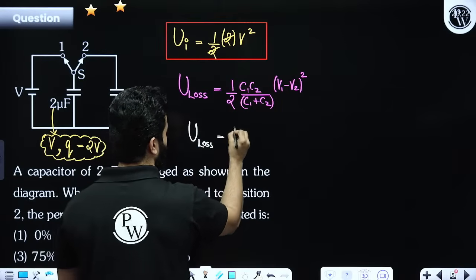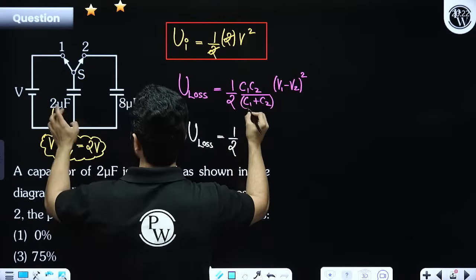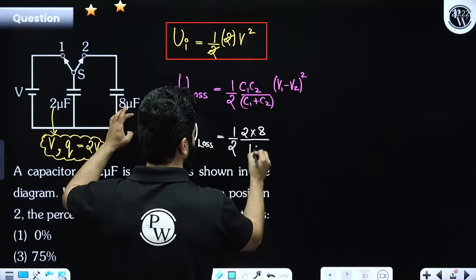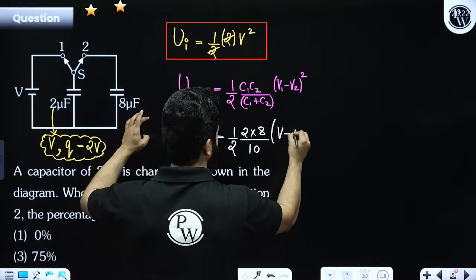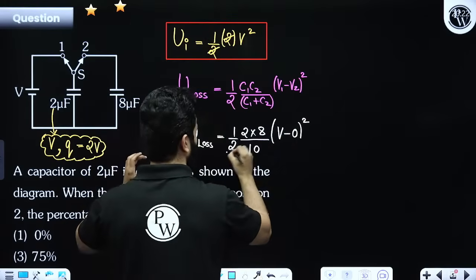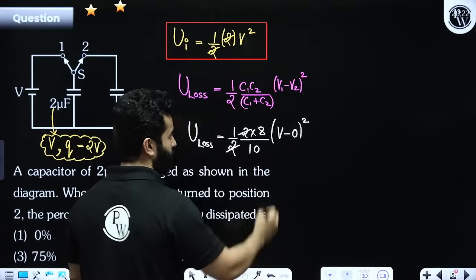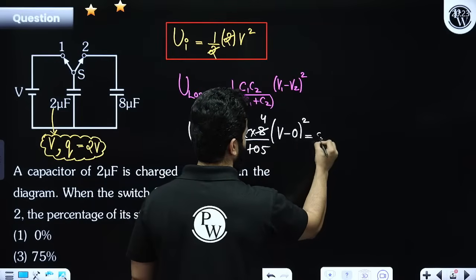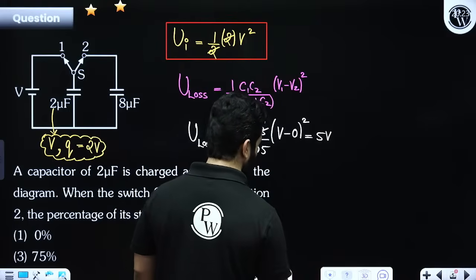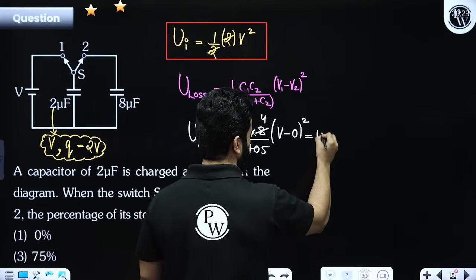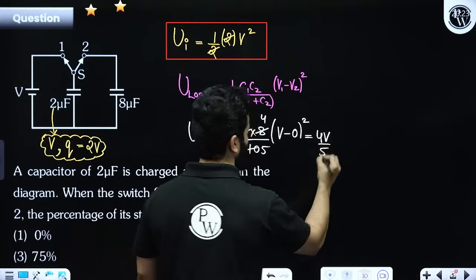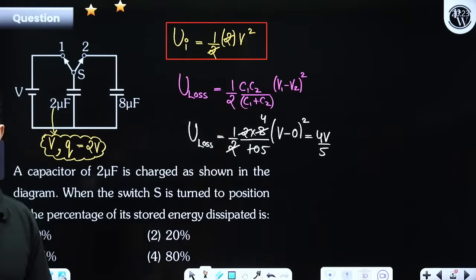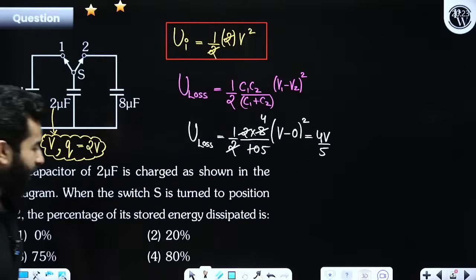So it's going to be half C1 C2, that means 2 into 8 divided by 2 plus 8, that is 10, and V minus 0 whole square. So 2 can be cancelled out. This will become 4, this will become 5. That means we are getting 4V square by 5. This is dissipated. Got it? Kindly understand.